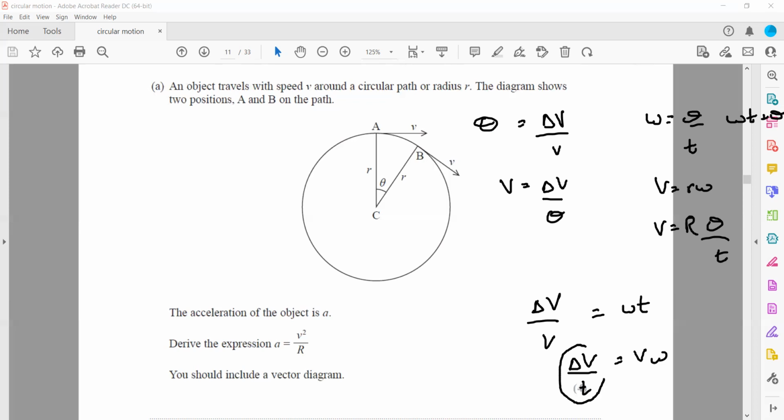So what is delta V over t? That is the change in velocity over time, or we can say acceleration. So acceleration is equal to V omega.